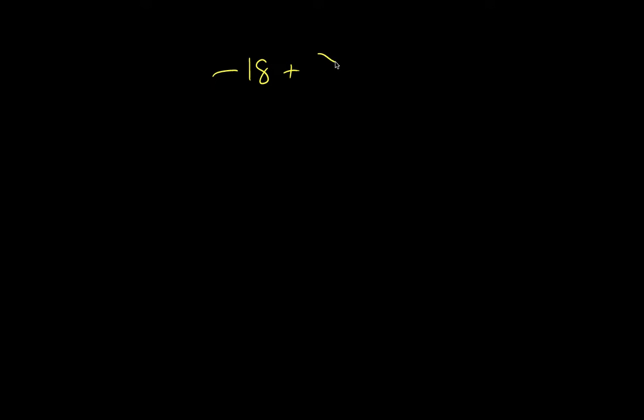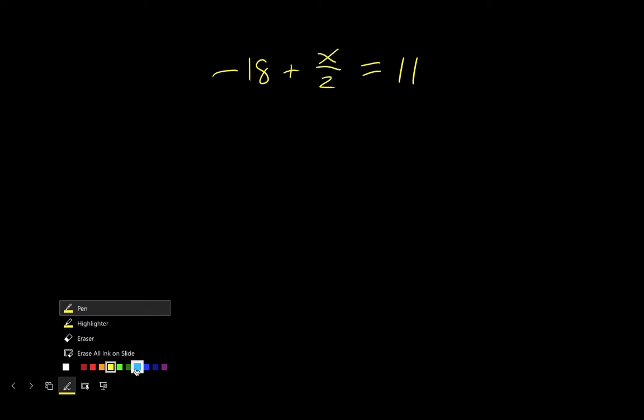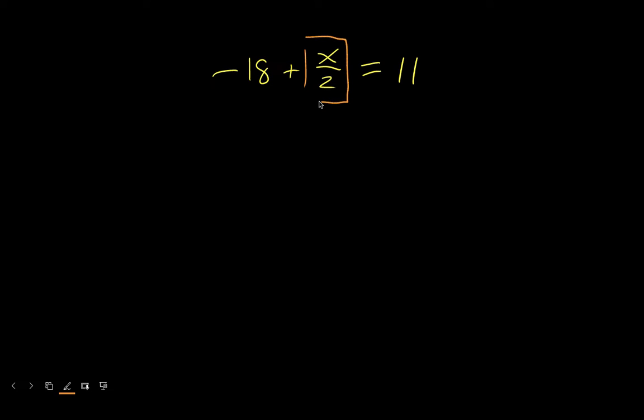So our next example, we have an x fraction. So let's start solving. You might be thinking, let's just get rid of this 2 right here. But that is actually going to be at the end. Instead, what we are going to do is get rid of everything except for this x over 2.